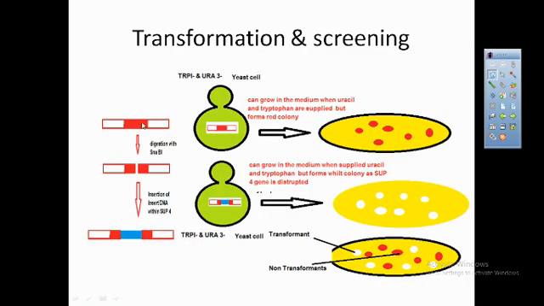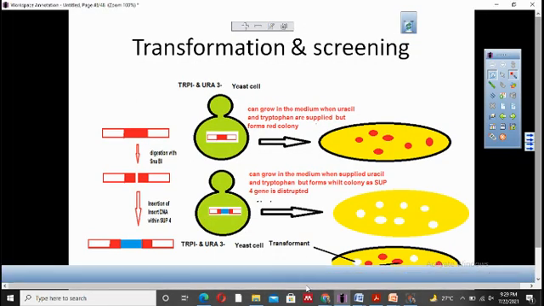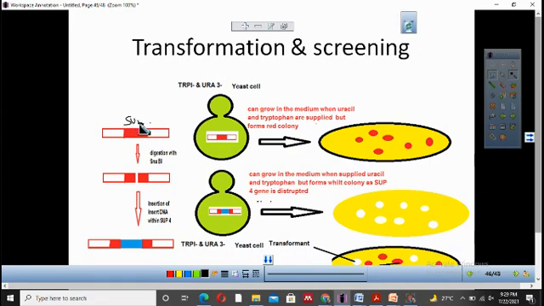We can also explain this better here. Here is the integration. This is the SUP4 gene where the multiple cloning site is located. After digestion with SnaB1, a gap will be there, and this insert gets integrated at this very site.